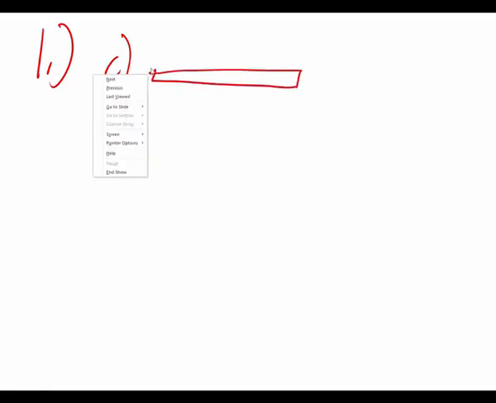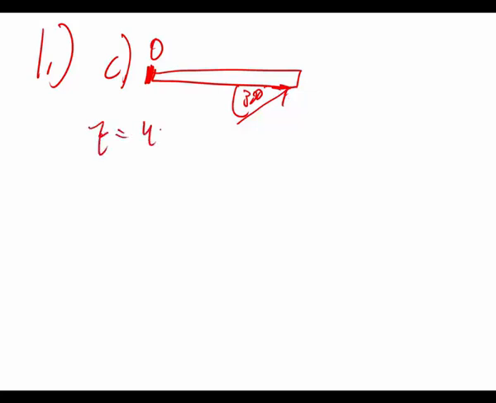Okay, so we've got 1C. Let's draw it again. Where's O at? It's out there on the end. All right, right there's O. The angle is 30 degrees. That's the applied force. So the torque is 10 newtons times 4 meters, sine of 30.